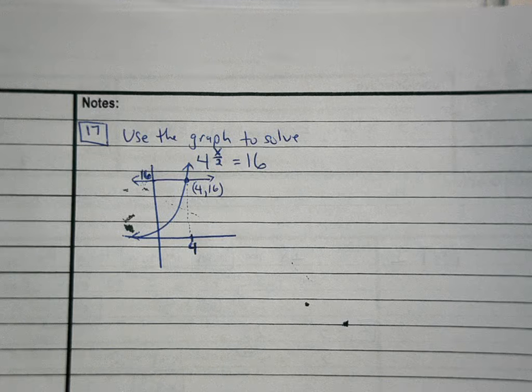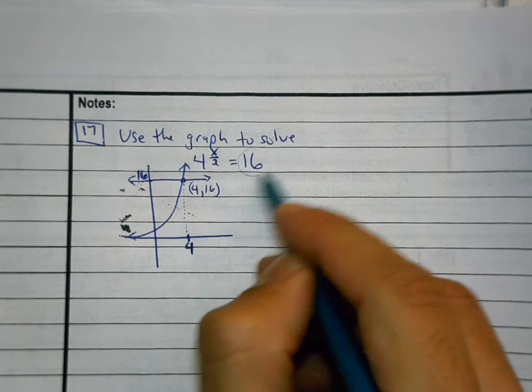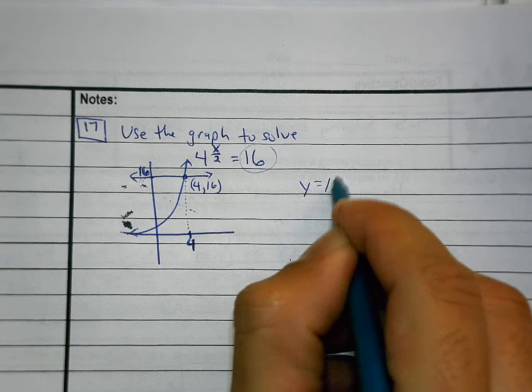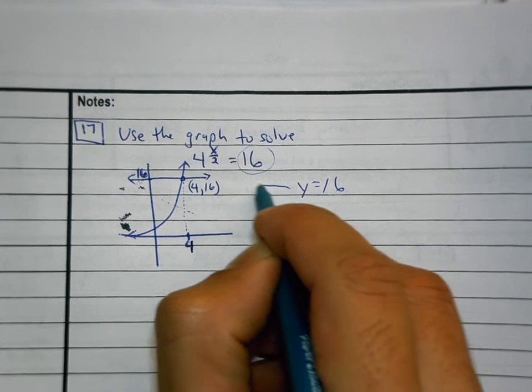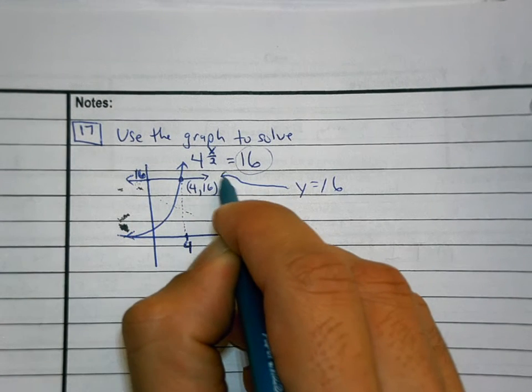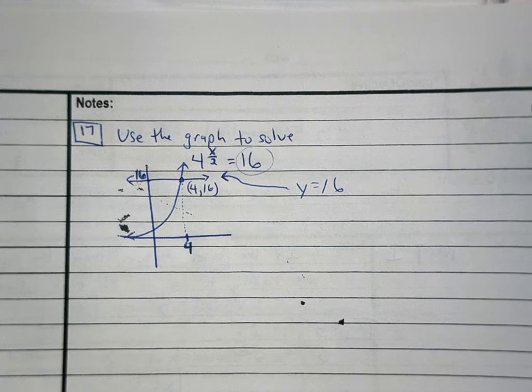They graphed the equation y equals 16. That's this graph right here. I'm going to draw a little arrow to it. That's the horizontal line.